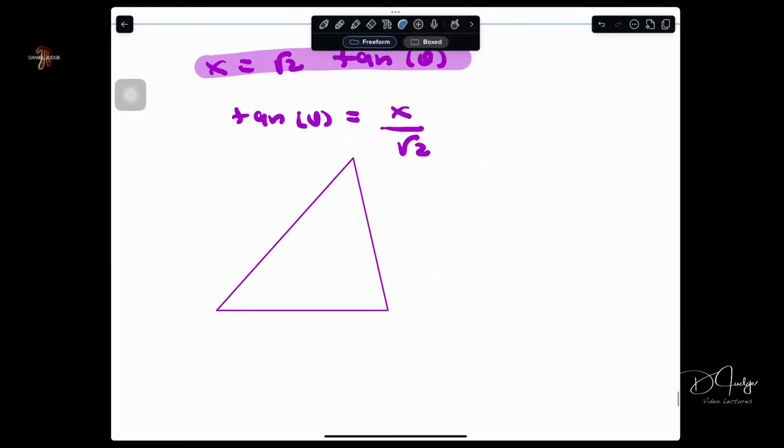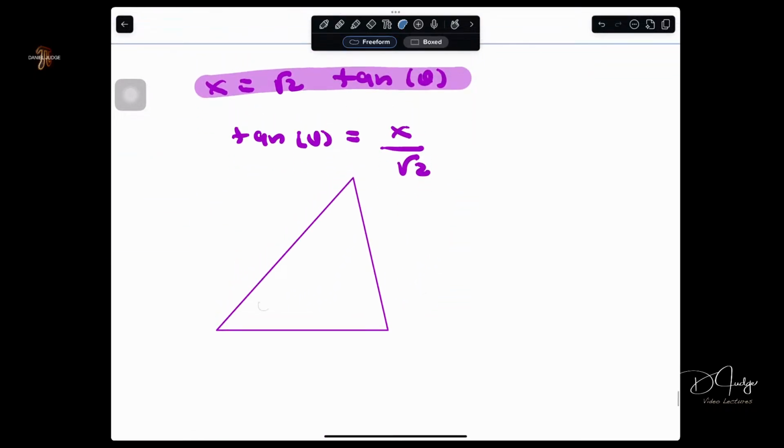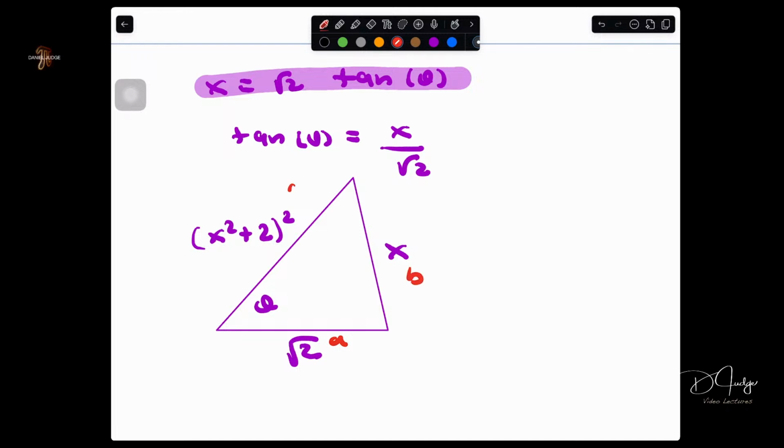All right. So here's our theta. Opposite over adjacent, which means the hypotenuse is the square root of x squared plus 2 by the Pythagorean theorem, because if this is a, b, c, a squared plus b squared is c squared.